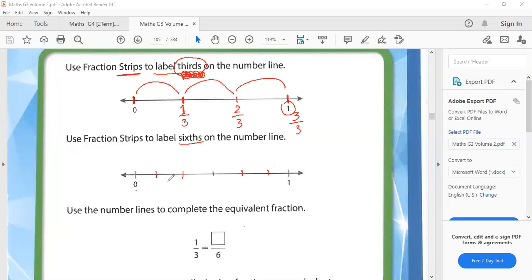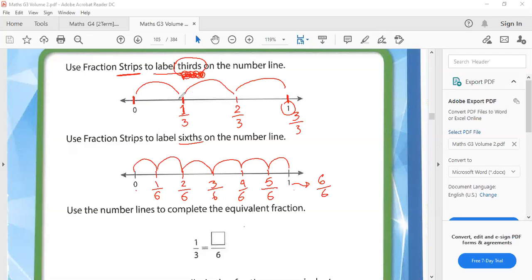So now you just start: the first jump will be 1 out of 6 equal parts, then 2 out of 6, 3 out of 6, and 4 out of 6, and the last one here, 5 over 6, and you end with 6 over 6.